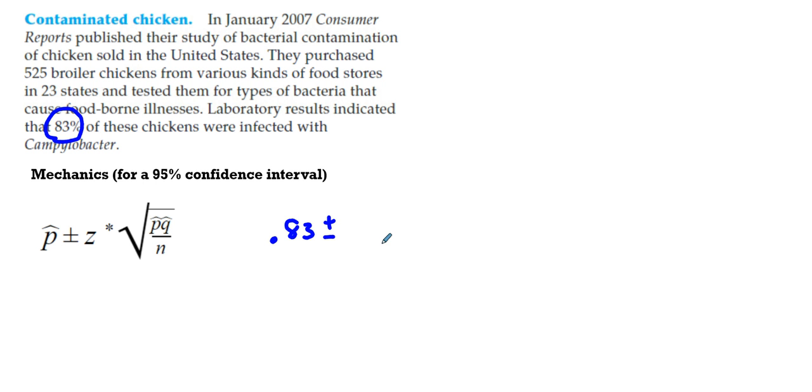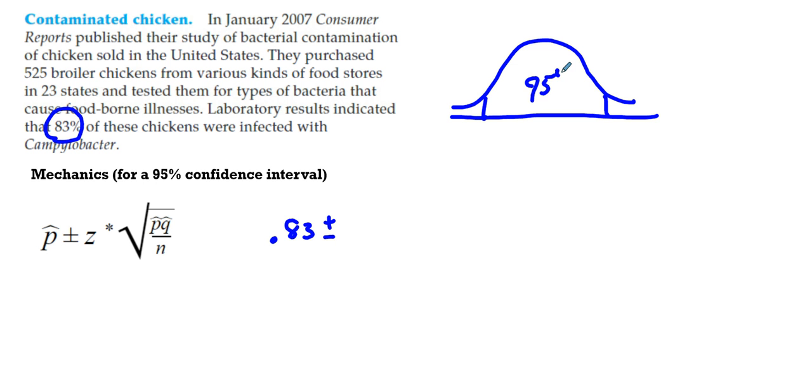We want to be 95% confident. So 95% confident means we want the central 95% of the sampling distribution for samples of this size, 525. So we need the z-scores that correspond to 0.025 on either side.